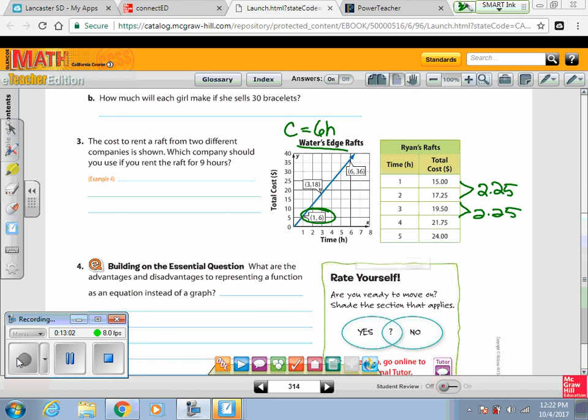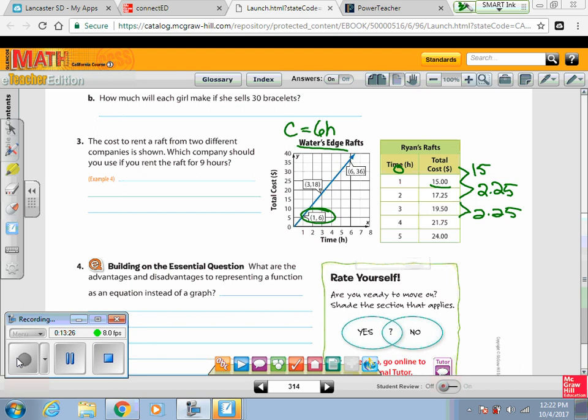You have to be careful about that. It didn't start at $2.25 here. It started at 15, right? So the difference between 0 and 1, if I had a 0 here, it would be 15. And then from 1 on, it goes to 25, right?